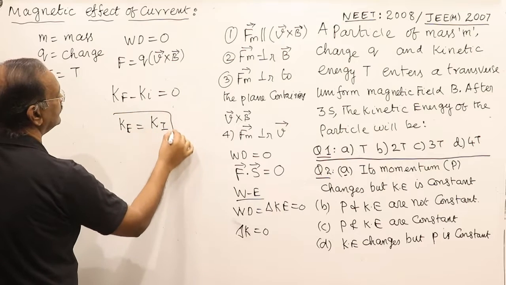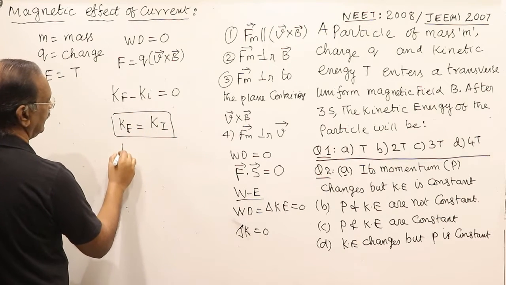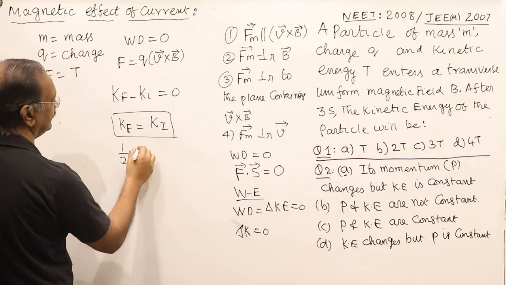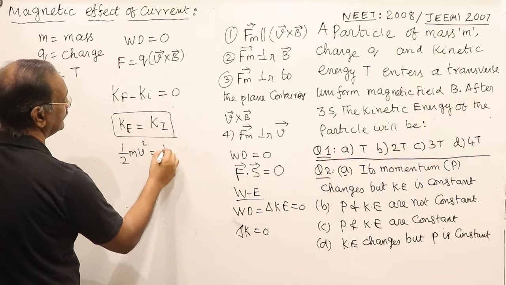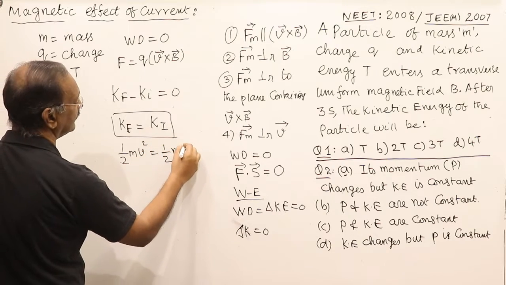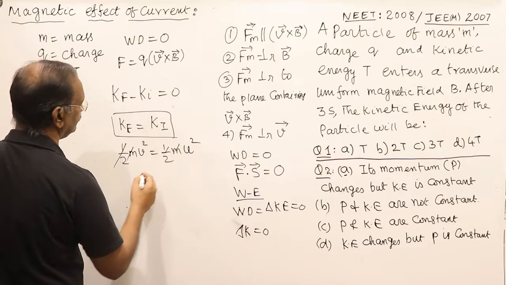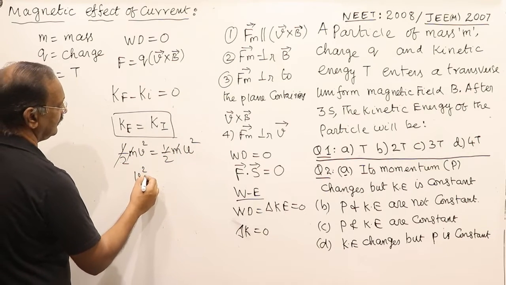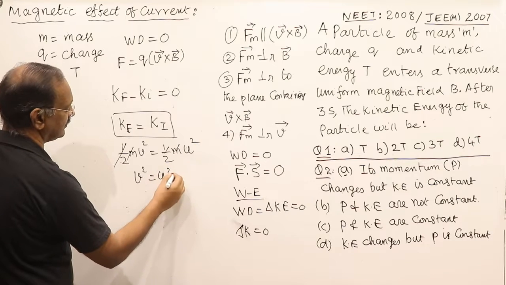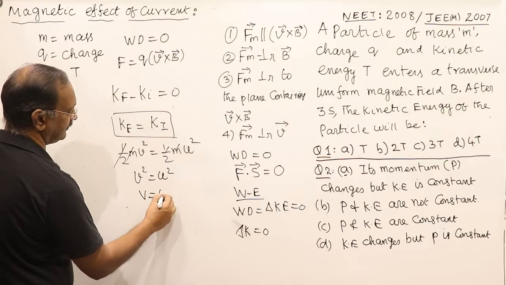Half m v squared equals half m u squared, so v squared equals u squared, or v equals u.